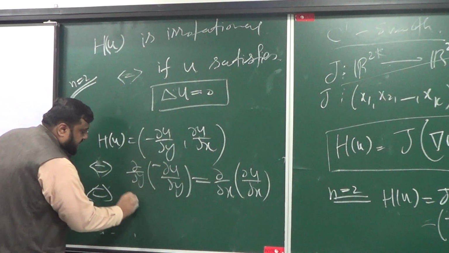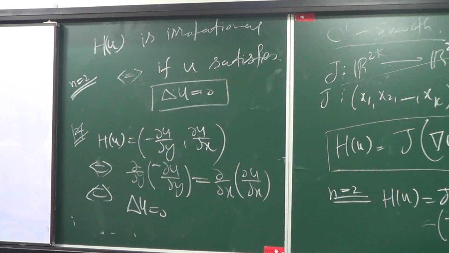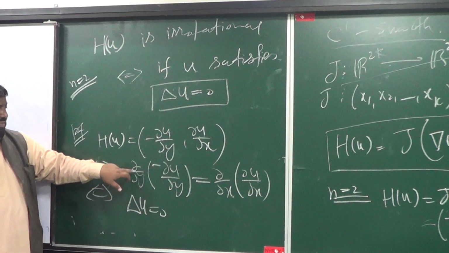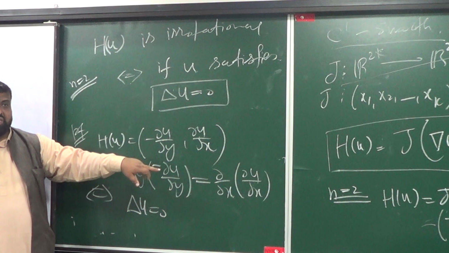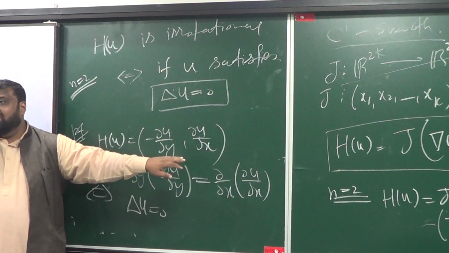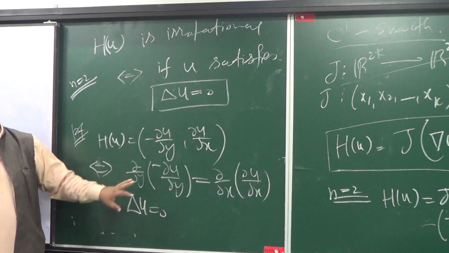So wouldn't that be the same as Laplace of u equal to 0? So the Hamiltonian is irrotational if Laplace of u equal to 0. Think about it. If you differentiate partial u by partial y with partial to y and partial u by partial x with partial to x, you take this on the other side, the other side becomes Laplace u and that's equal to 0. Okay?